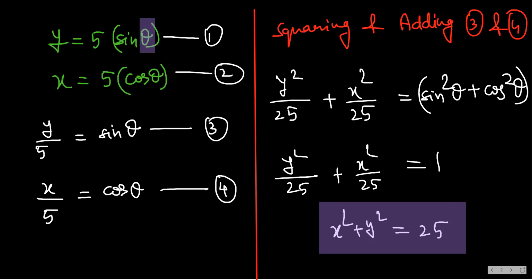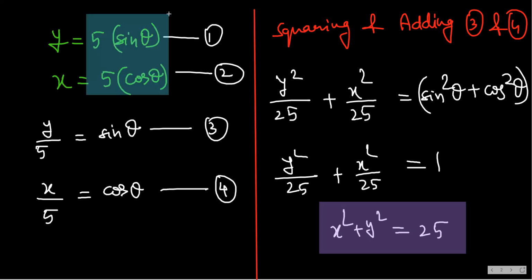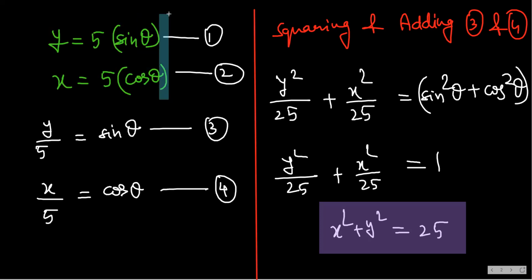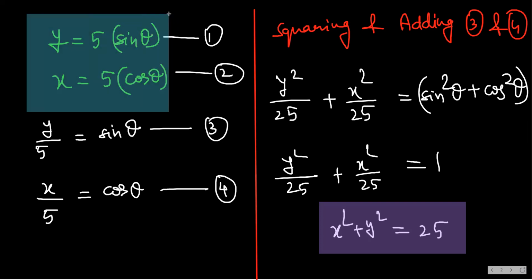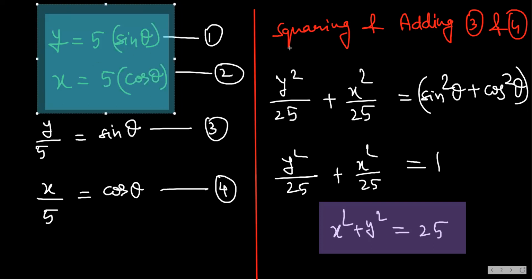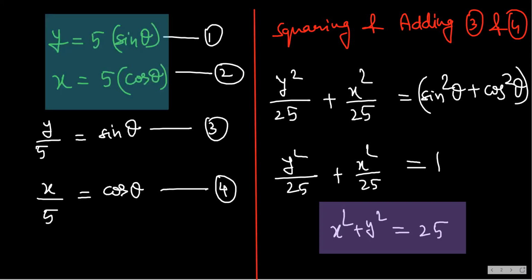See, here you define a function. There is a rule defined in this. Y equals 5 sine theta, y is a function of theta. X equals 5 cos theta, x is a function of theta. But since both are depending on theta, there is some relation between x and y also. And this in totality defines a parametric function.